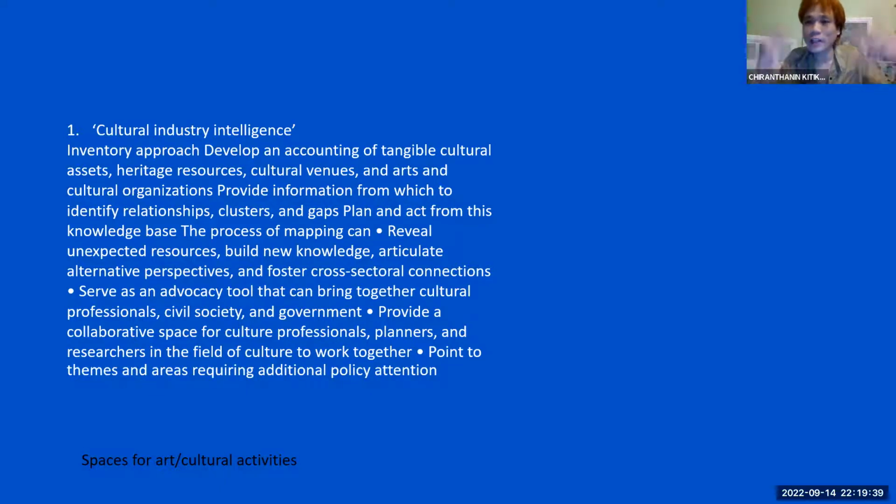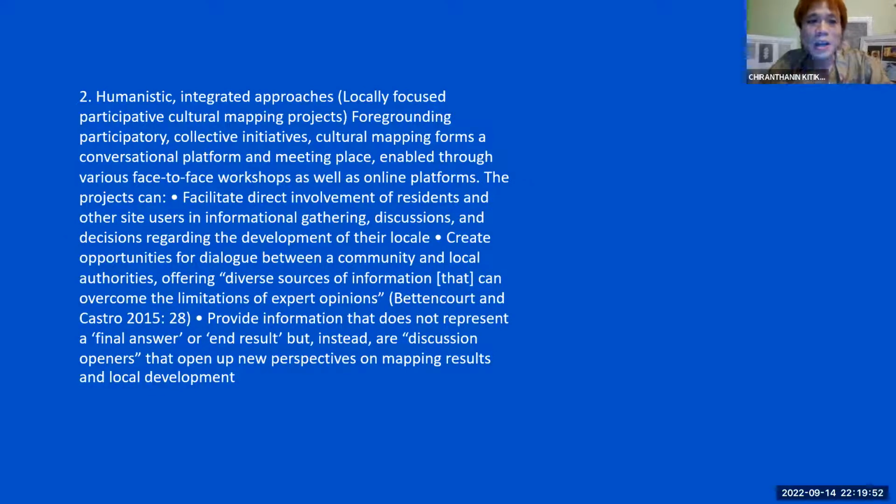It's just like throwing things on the map, and you will get an idea of what this city looks like, not just what the city is told or mentioned to be. And secondly, sometimes you use a humanistic integrated approach.